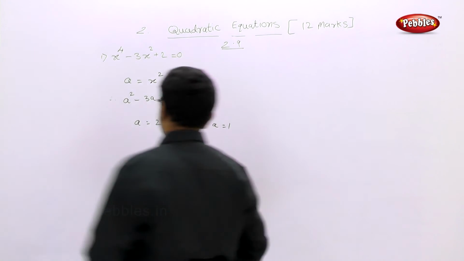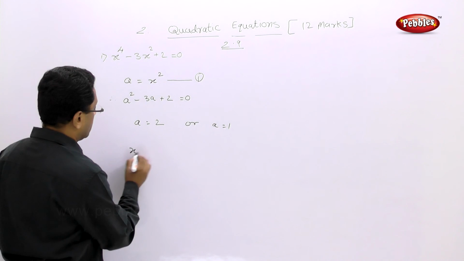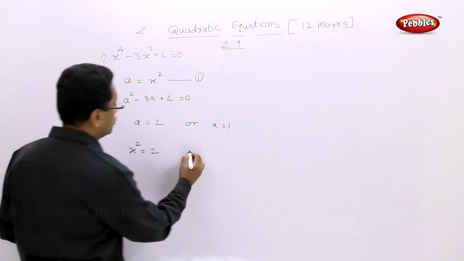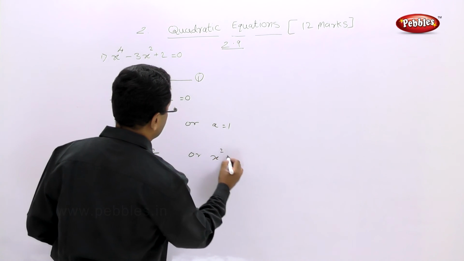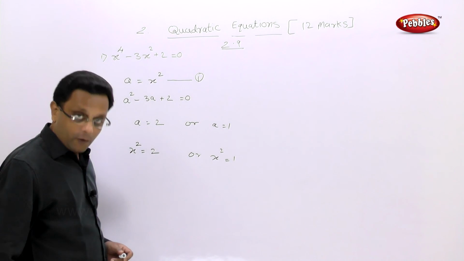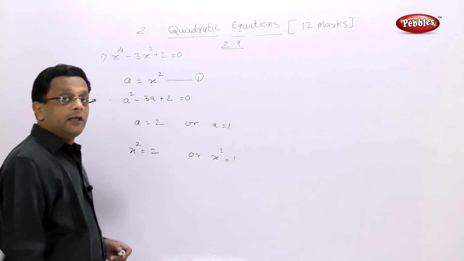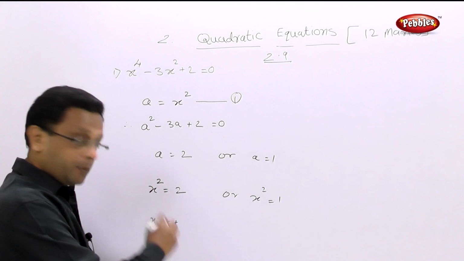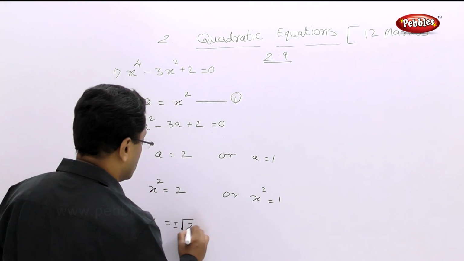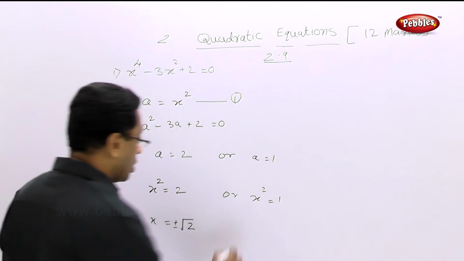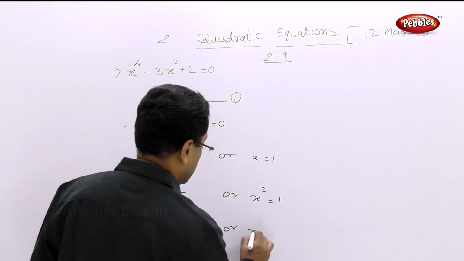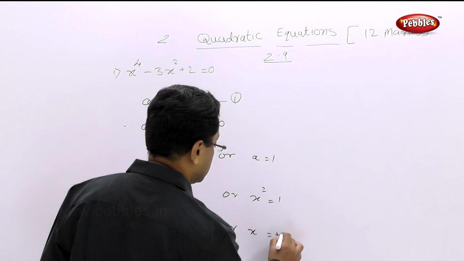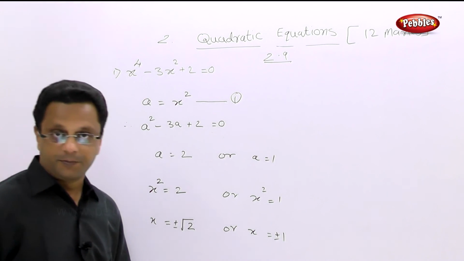So here we get x square is equal to 2 or x square is equal to 1. So taking square root of both the sides, I will get x is equal to plus minus root 2 or x is equal to plus minus 1.